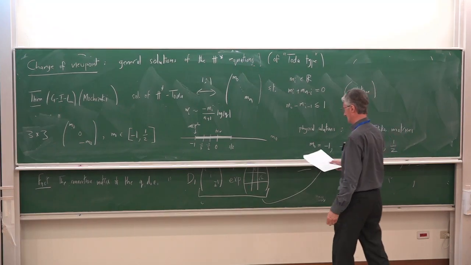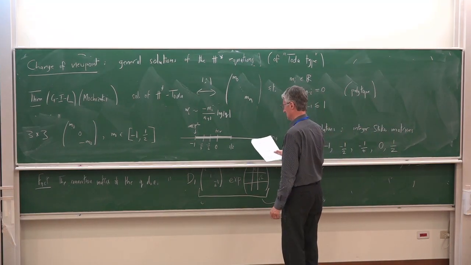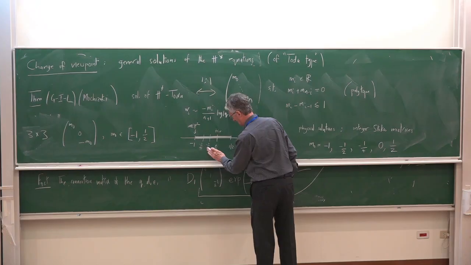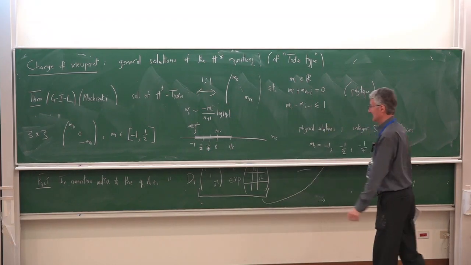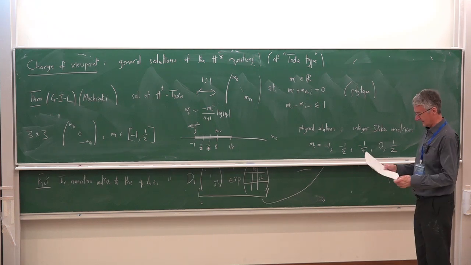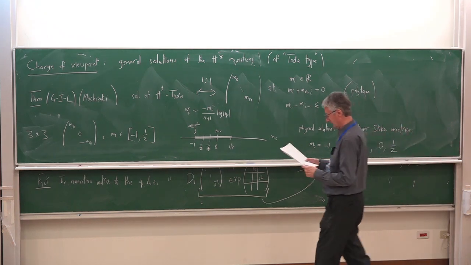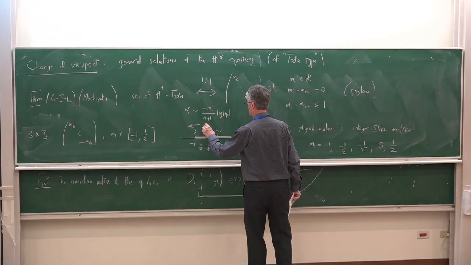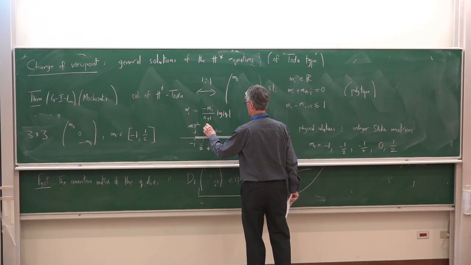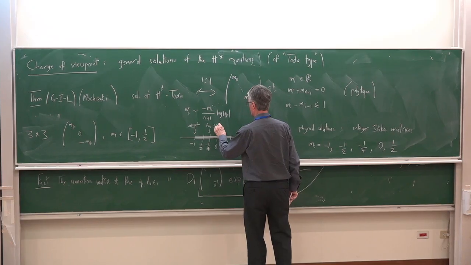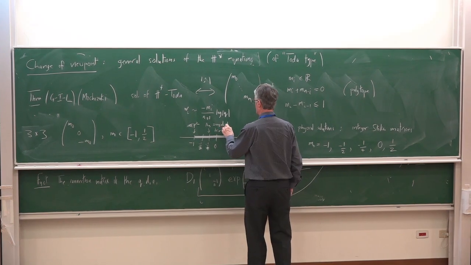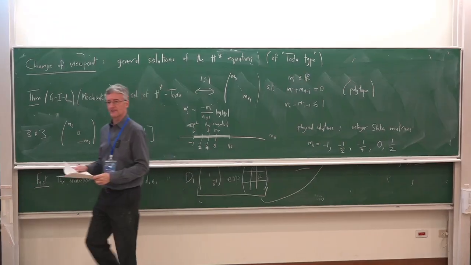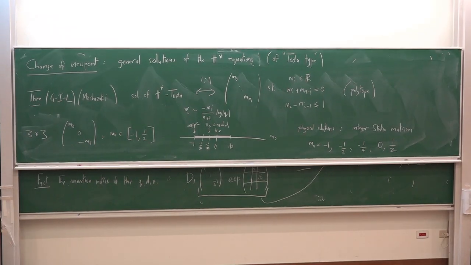So -1/2 is another kind of physical interesting case, and -1/4 is an interesting one, so this one actually corresponds to the so-called A3 singularity. I mean, it's the field theory, the Landau-Ginzburg model corresponding to A3.